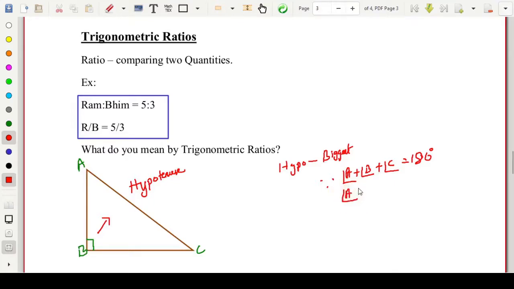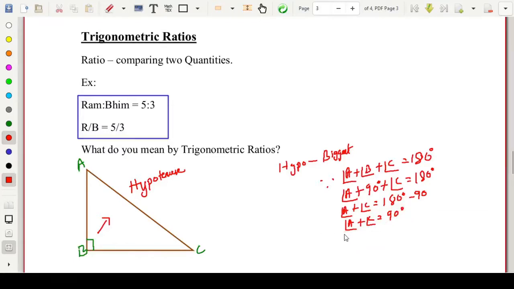We don't know angle A, we know angle B is 90 degrees, and angle C we don't know. Then angle A plus angle C equals 180 minus 90. So we get angle A plus angle C equals 90 degrees.